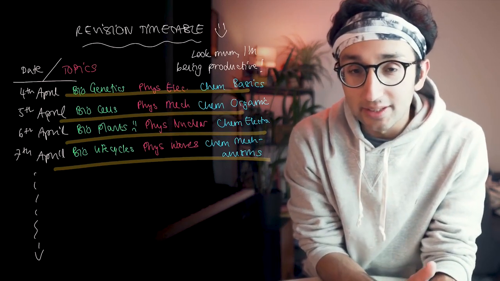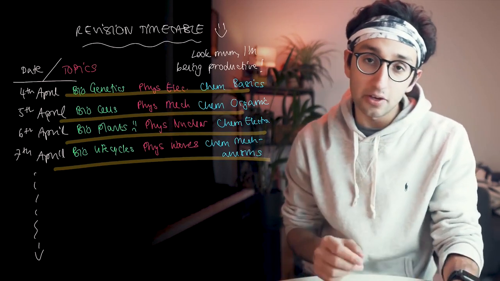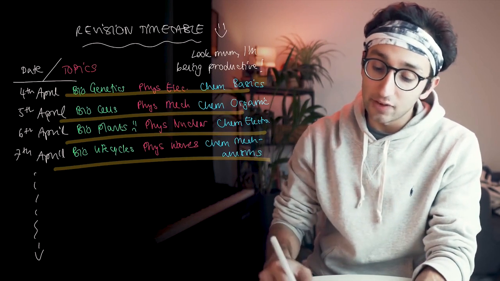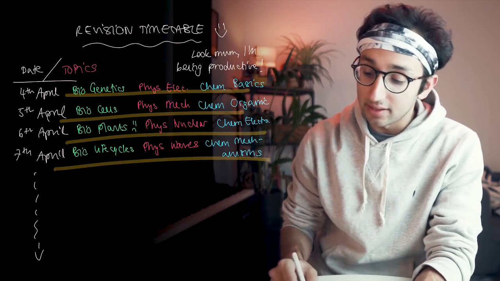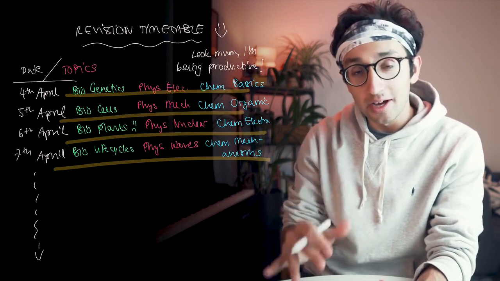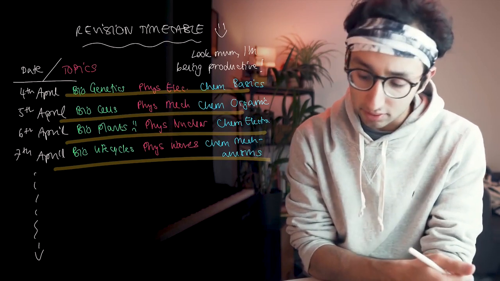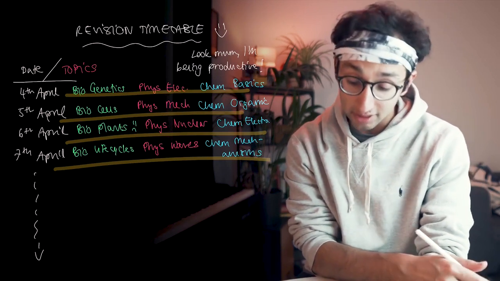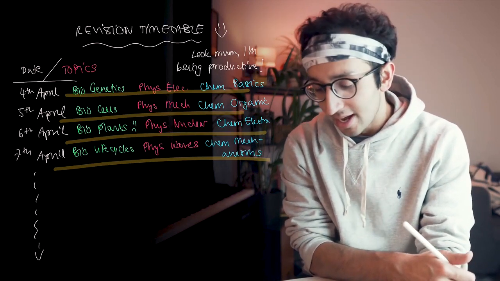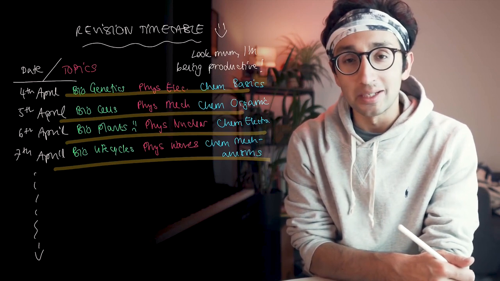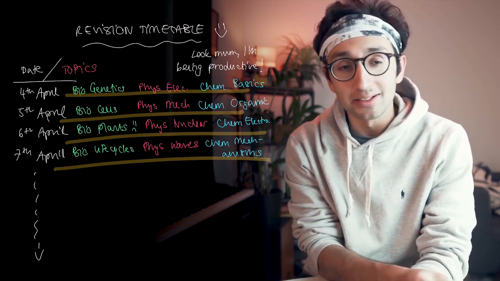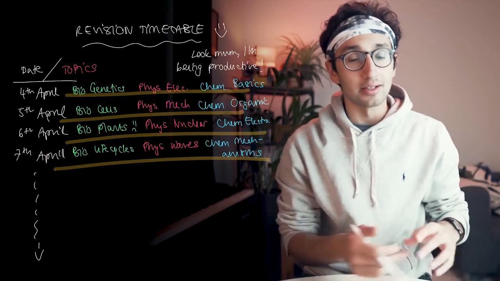Secondly, I think a problem with this method is that it encourages us implicitly to think of revision as something that is a function of time rather than a function of topics. So we've got the time axis down our main axis, and therefore every day we think, okay, it's the 7th of April, I'm going to consult my revision timetable and I'm going to therefore revise these 3 topics. And that's not really how studying should be done. And I realized this later, that I think it's better to think of it in terms of topics rather than in terms of time.